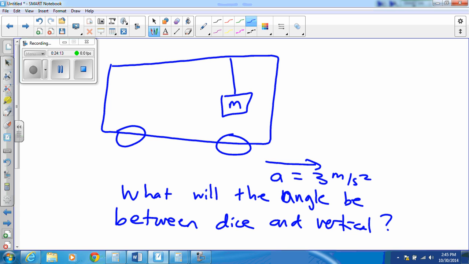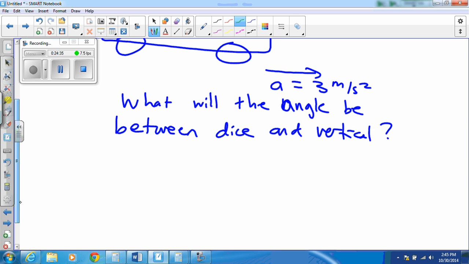While the car is accelerating, the dice swing out like this, and we want the value of this angle, theta. From a non-inertial reference frame point of view, this becomes very easy.